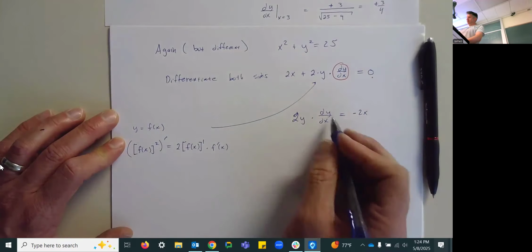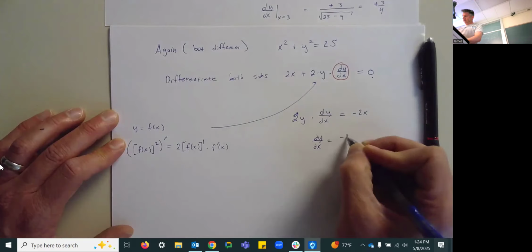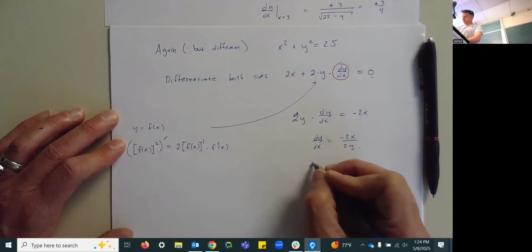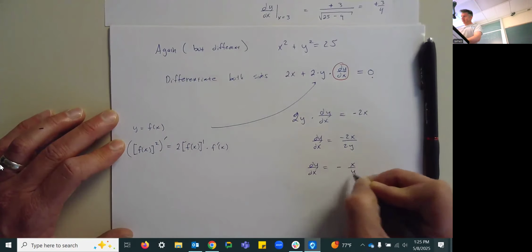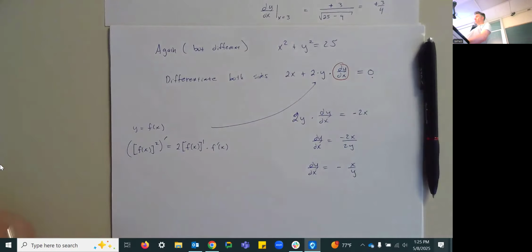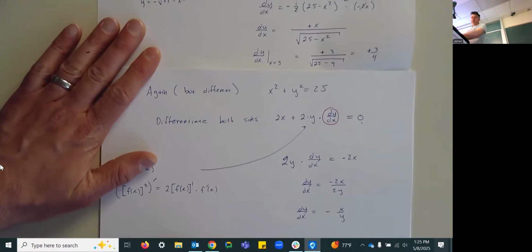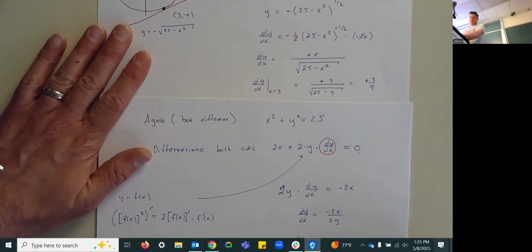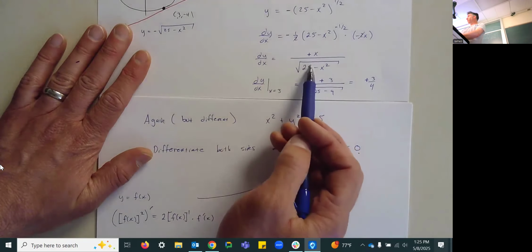And then dividing by 2y, my derivative dy dx is going to equal negative 2x divided by 2y, which, canceling the 2's, is negative x over y. A couple neat things here. If we went back and plugged in the thing we solved for y before, y being equal to that, you would exactly get the same derivative we had right here.